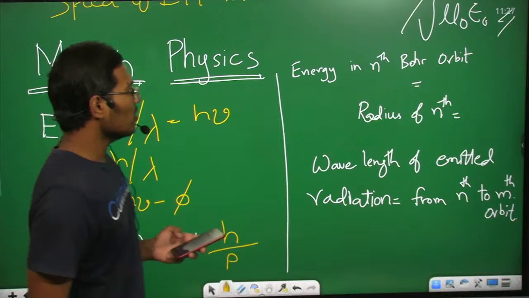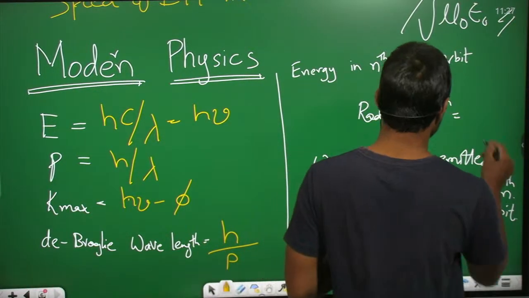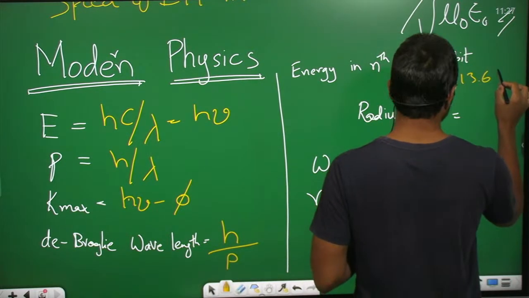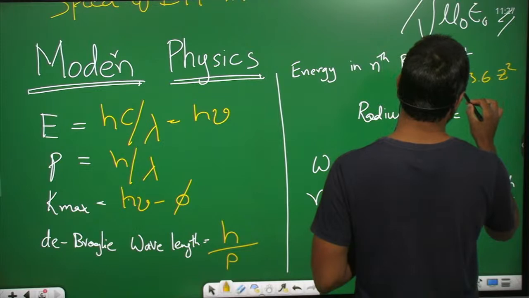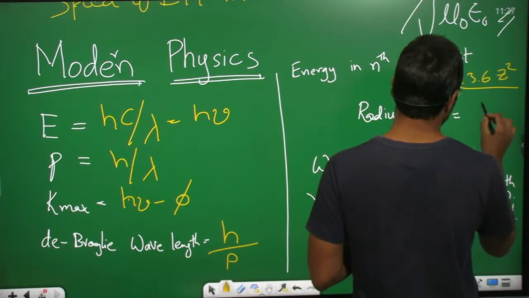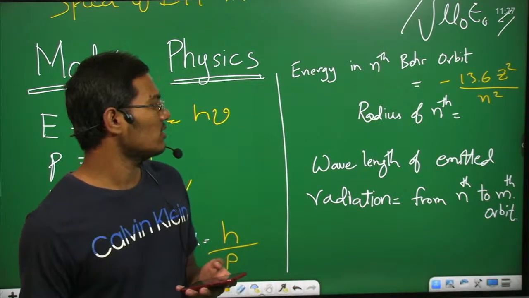So energy of nth Bohr orbit is minus 13.6 Z square by n square, right? What are the units of energy of nth Bohr orbit here?